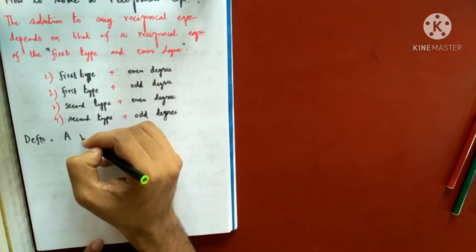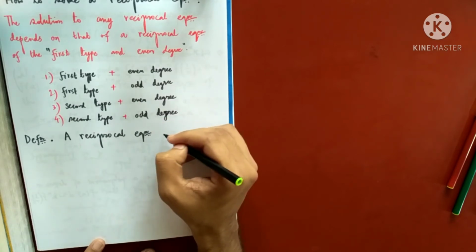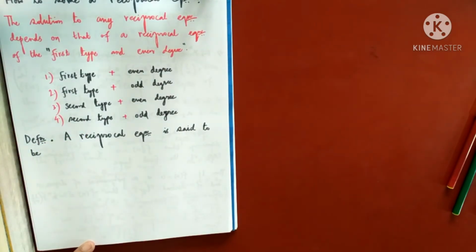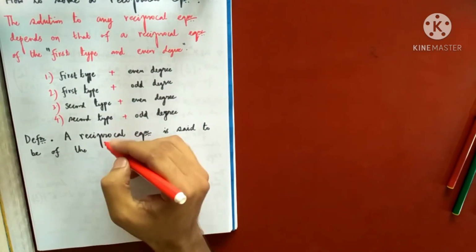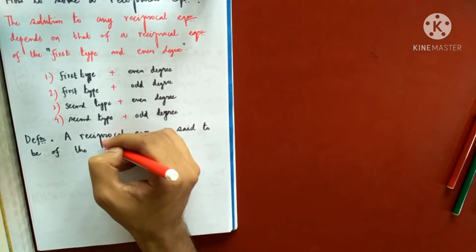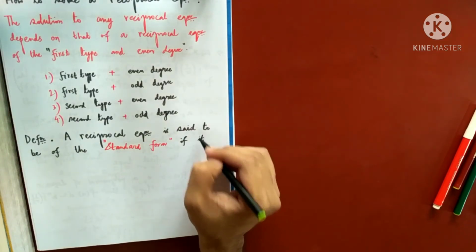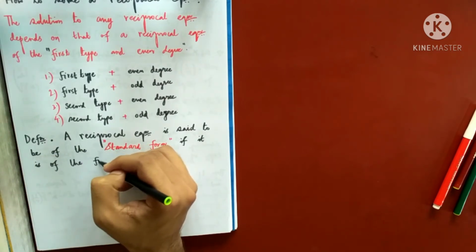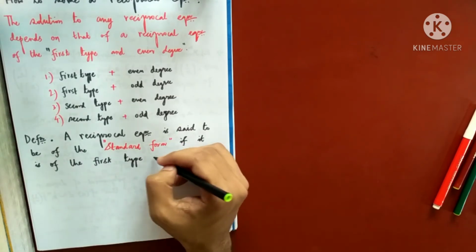A reciprocal equation is said to be of the standard form if it is of the first type and of even degree.